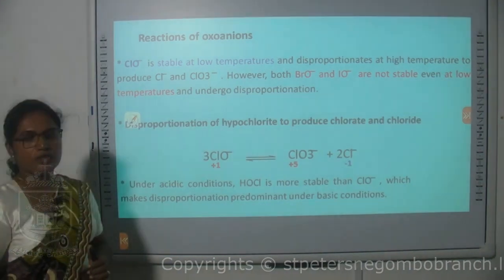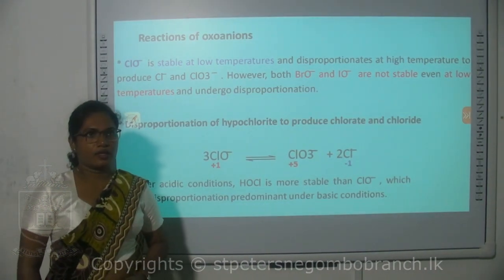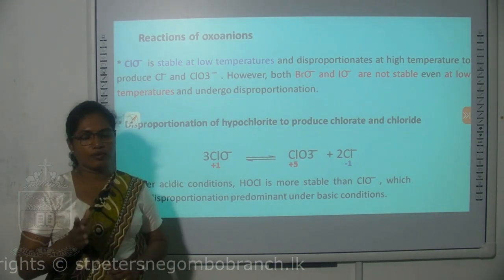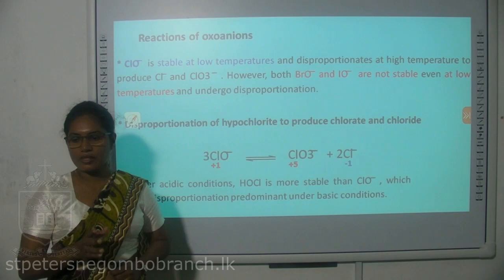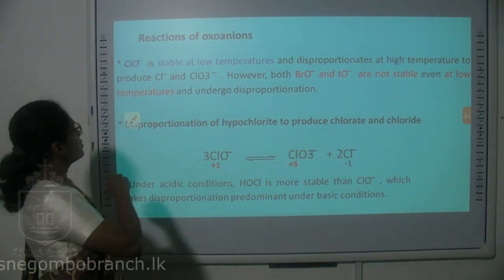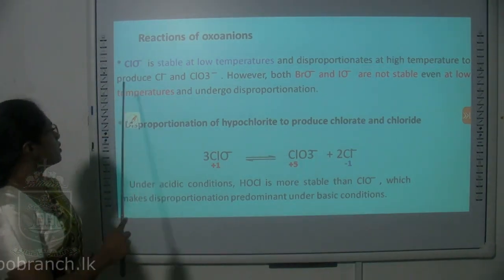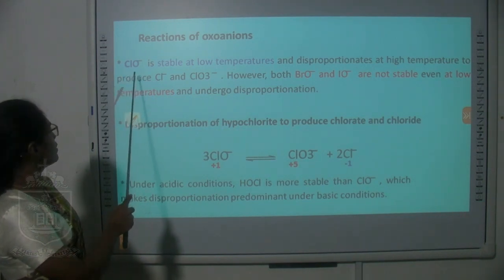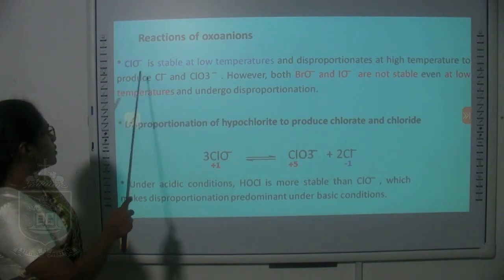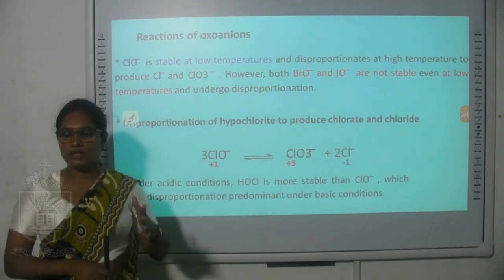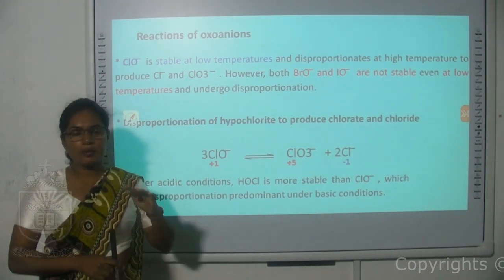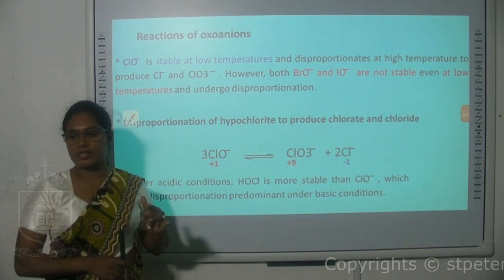Then reactions of oxoanions. I told you that before. Chlorine forms the oxoanions, and here we are going to talk about the hypochlorite ion. The hypochlorite ion is stable at low temperatures and disproportionates at high temperatures.